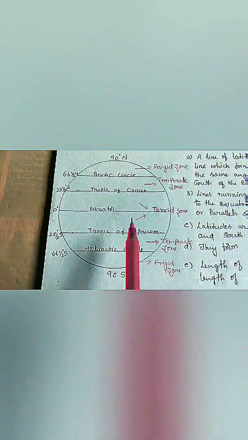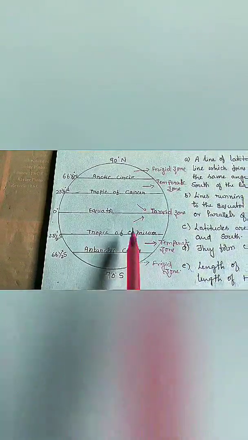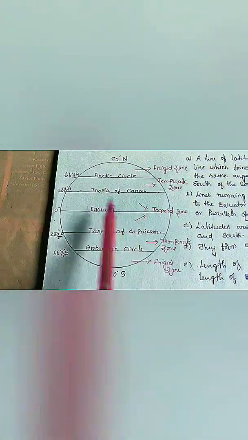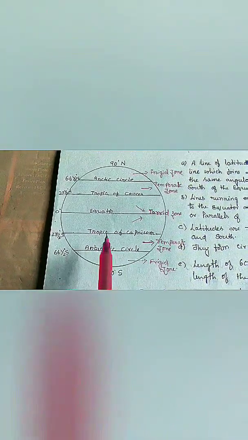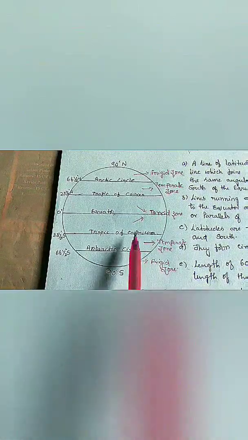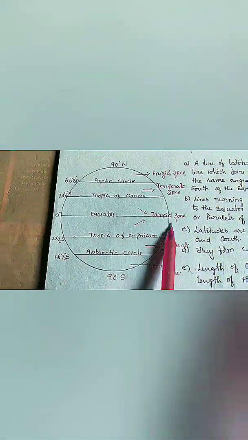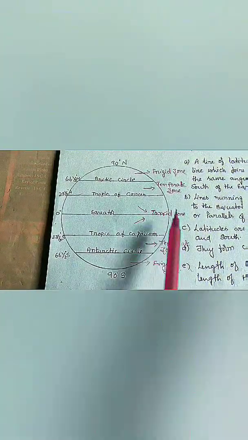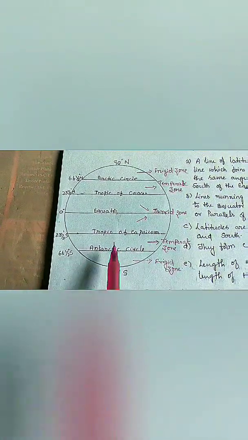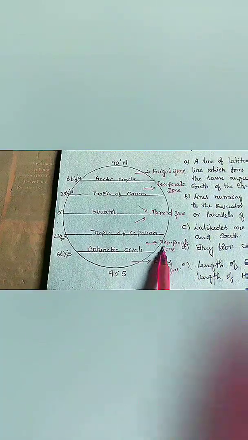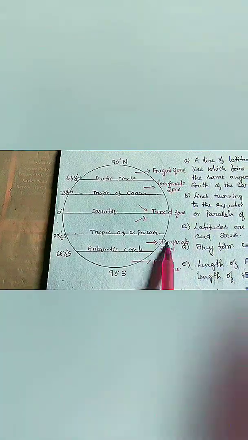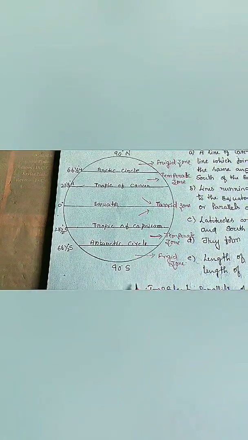Thus, latitudes enable us to divide the whole Earth into different climatic zones. They are the torrid zone, also called tropical zone, second, temperate zones on both sides of the equator, and frigid zone.